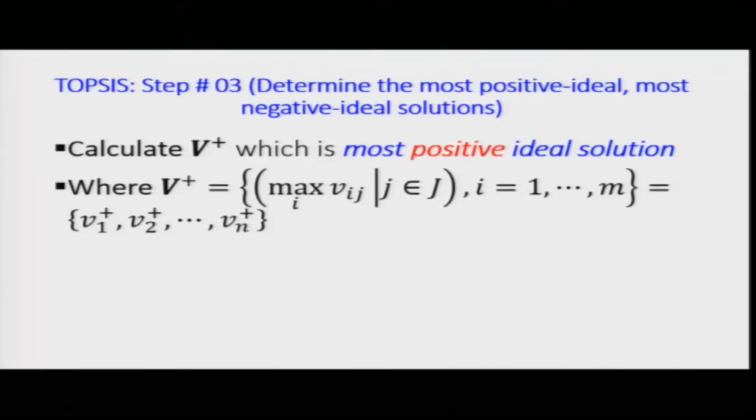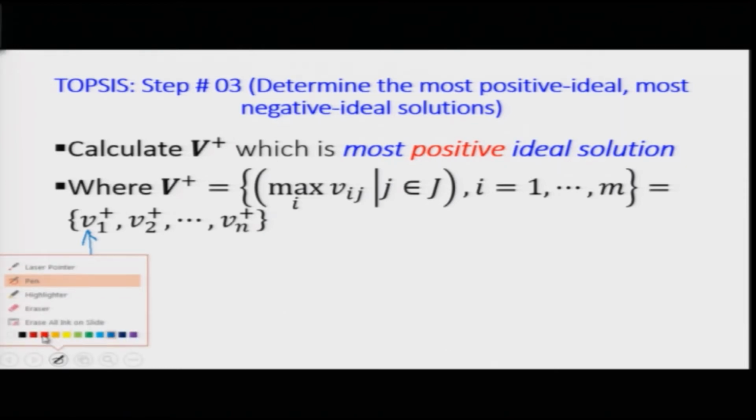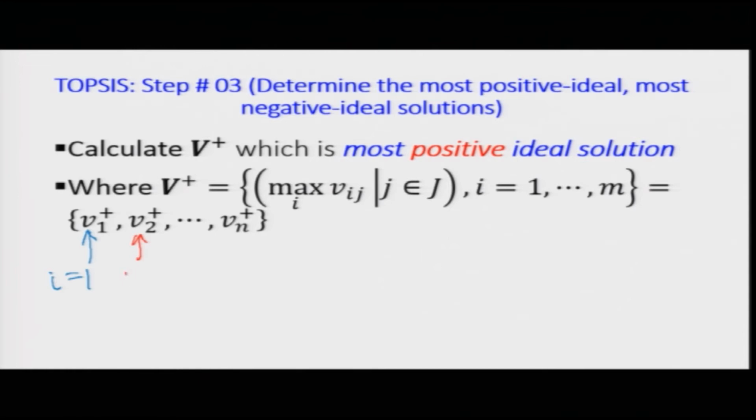For each m, that means for each of these alternatives, I try to find out the maximum over all the criteria which are there, and I will write these values. So, for i equal to 1, I have V1 plus. When I go to i equal to 2, it is V2 plus.